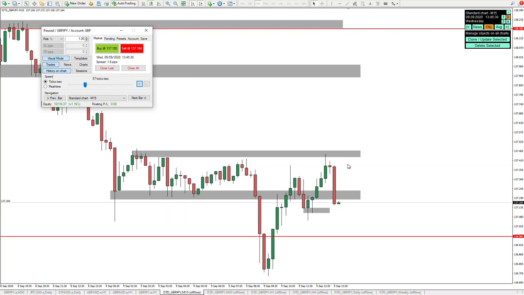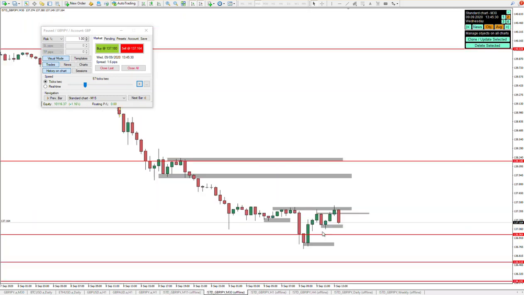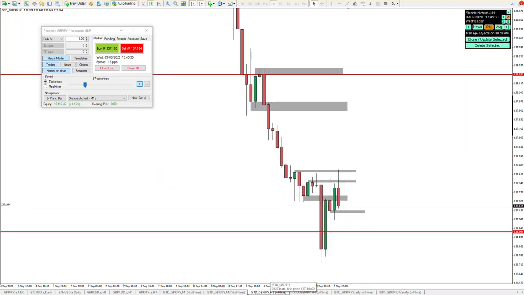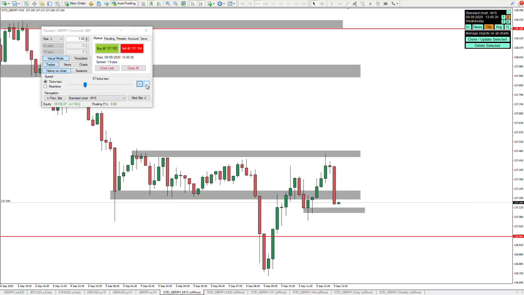M15 closed strong bearish, outside of this old range, but still above this support on M15. The M30 is not closed yet. The hourly is not closed yet. Let's watch the next 15 minutes.